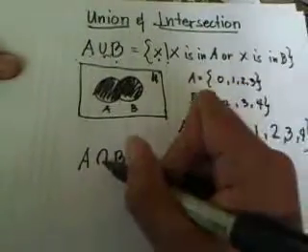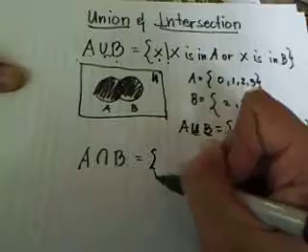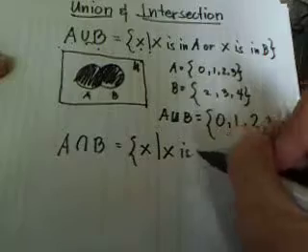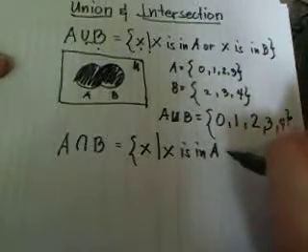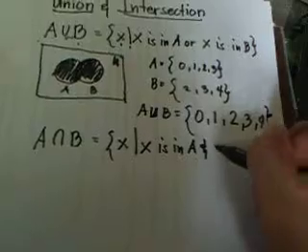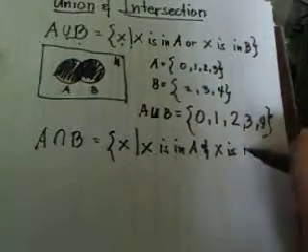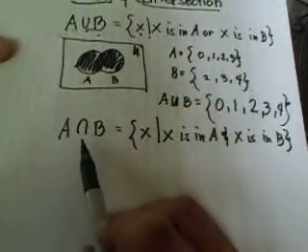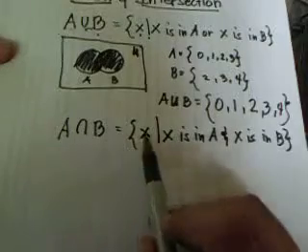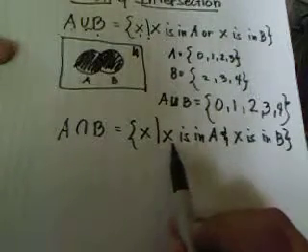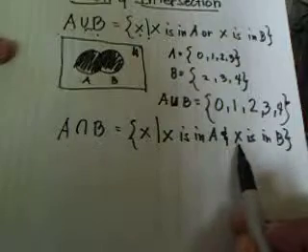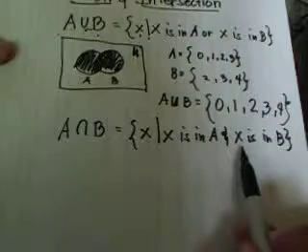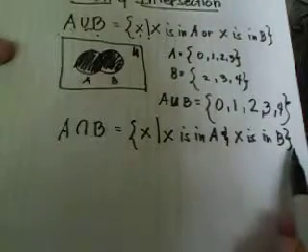The intersection of A and B is equal to the set of all x's such that x is in A and x is in B. X here refers to the common element that is in A and B.